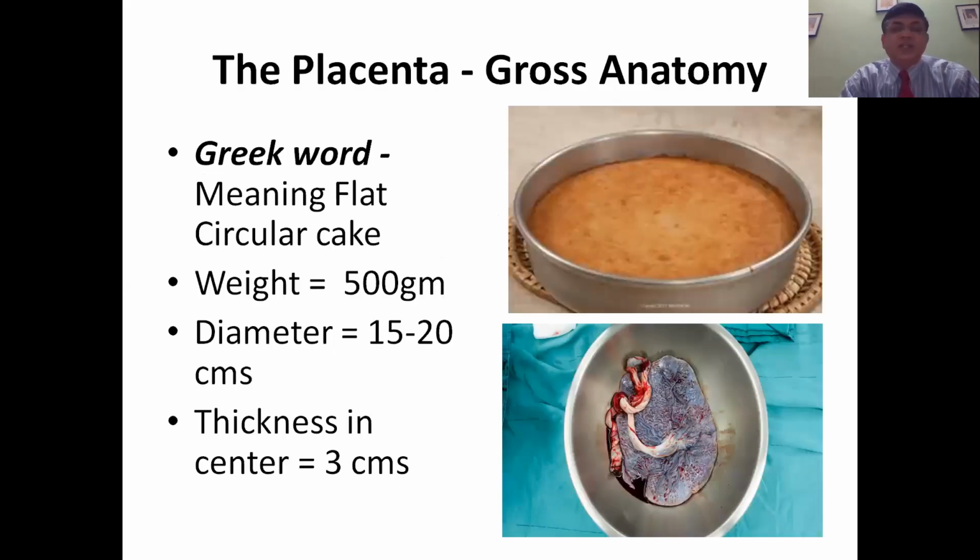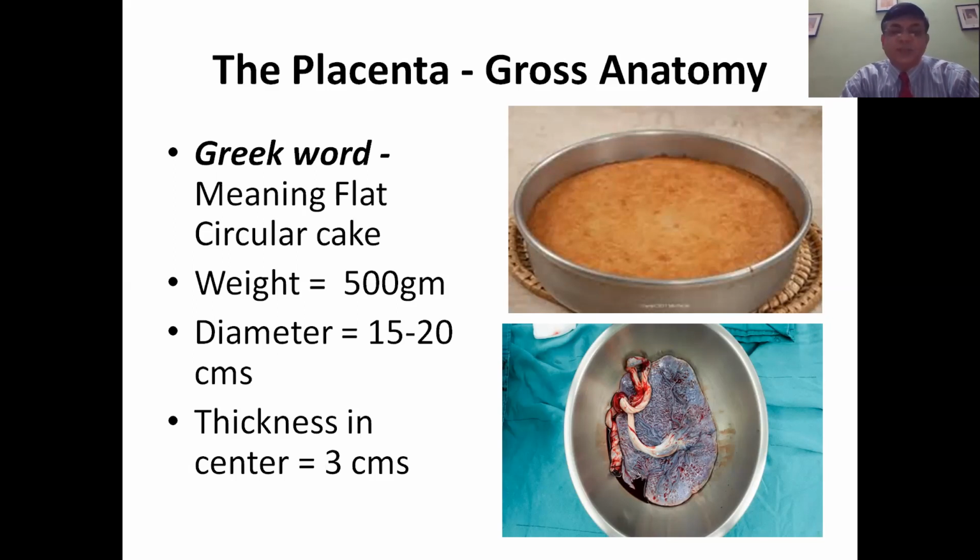Let's have a look at the gross anatomy of the placenta. Placenta is called placenta because placenta is a Greek word which means flat circular cake. The weight of the placenta is approximately 500 grams. The diameter is between 15 to 20 centimeters.